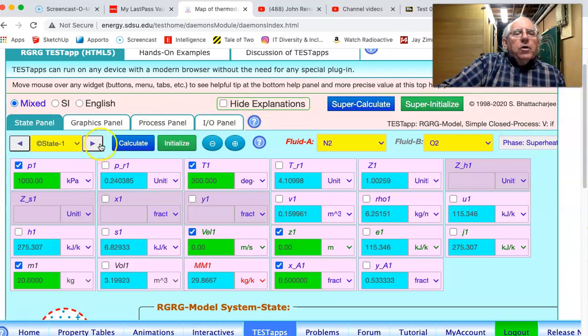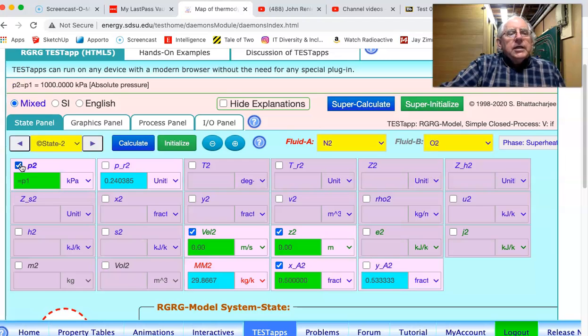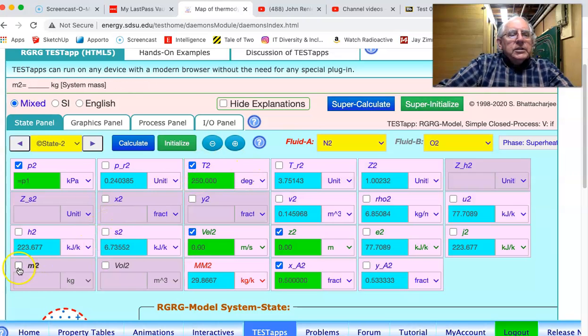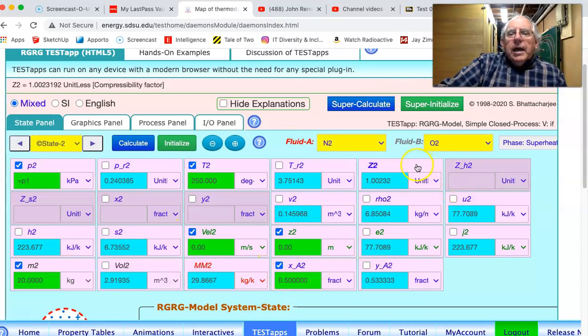Okay, so we're now going to specify state 2, and we know that state 2 is isobaric, constant pressure. The temperature is 250. We once again have the same amount of mass, which is 50-50, and we now see that the reduced temperature is a little bit less because the temperature is a little bit less, and the behavior should be very similar to that of the ideal gas behavior.